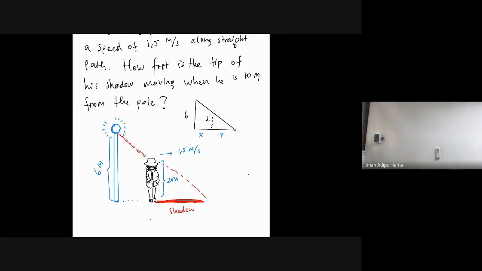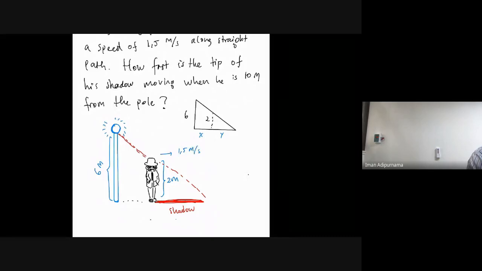The person is moving from this tall straight line, and he will be moving here. So if you see this x and y, the shadow is all this part, x and y. We can see the relations from simple geometry.